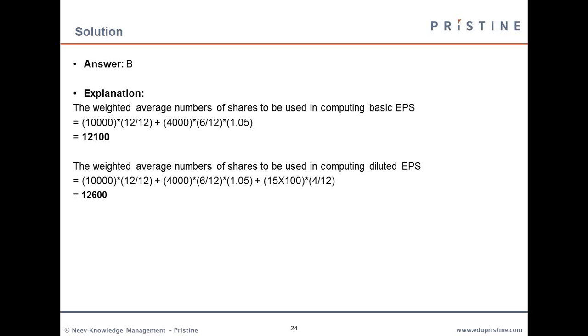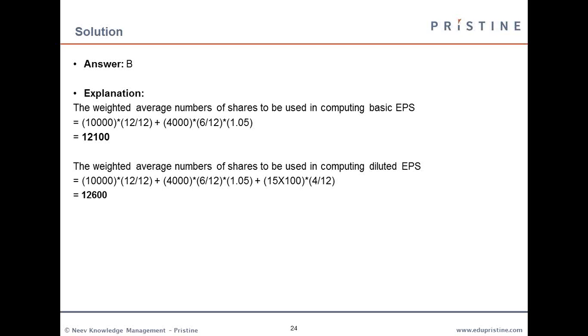So we take them as 4,000 into 6 by 12, which gives the weight, and then the 1.05 is the stock dividends that are additional to them. So we get 12,100.